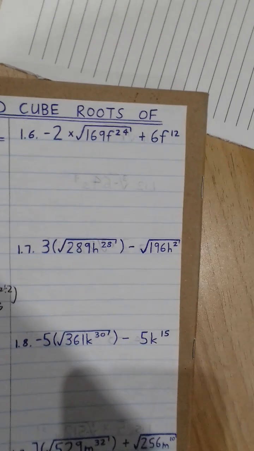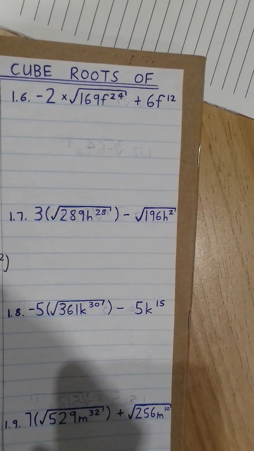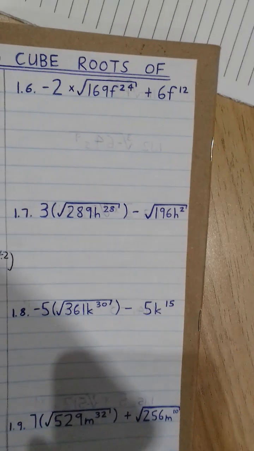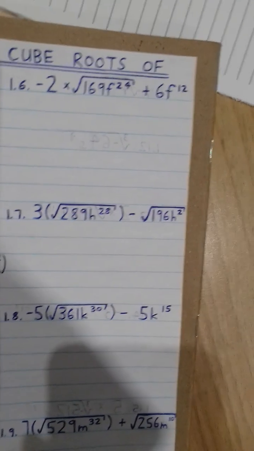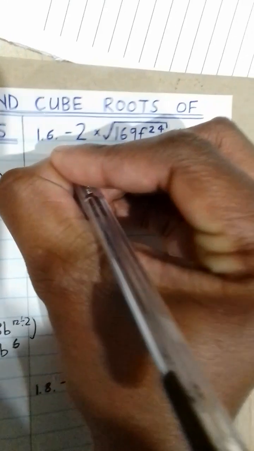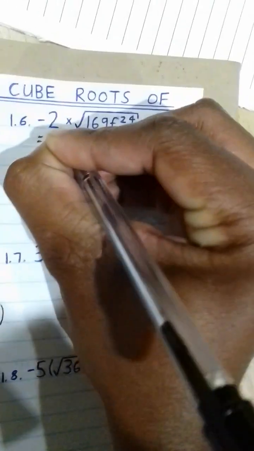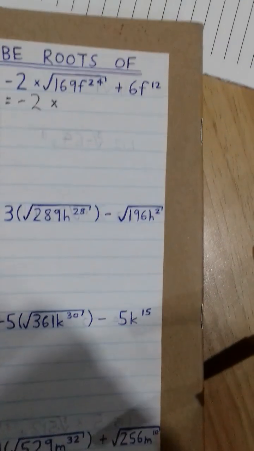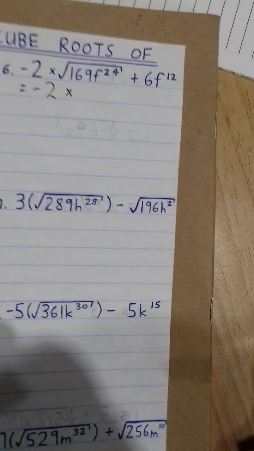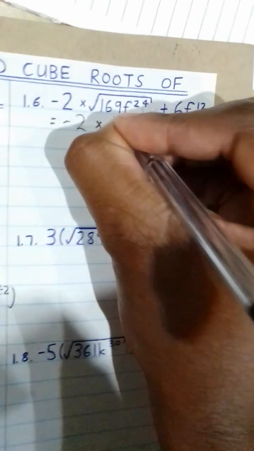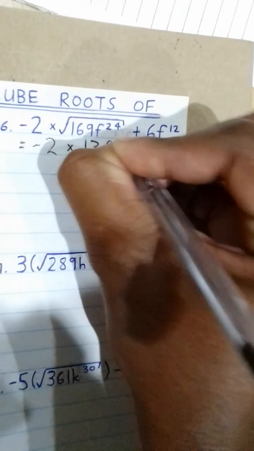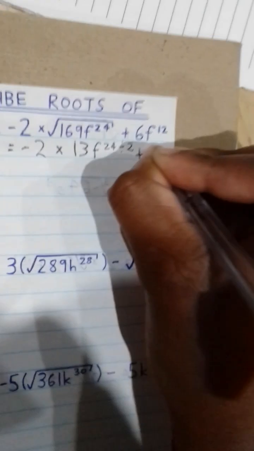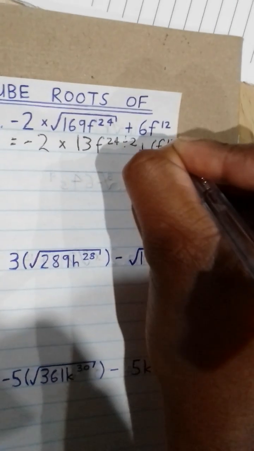Okay, now here comes a bit of a complex one. 1.6, negative 2 times square root of 169f to the power of 24 plus 6f to the power of 12. So this is going to be negative 2 times, what is the square root of 169? 13 f to the power of 24 divided by 2 plus 6f to the power of 12.